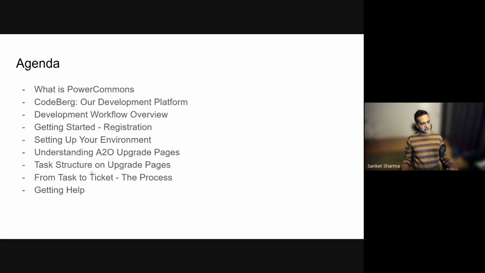What is the task structure on those upgrade pages, and an overview of, let's say you do find a task that you're interested in, how to get from the task to the ticket and to submitting your work back to the project, the overall process, and getting help in case you get stuck.